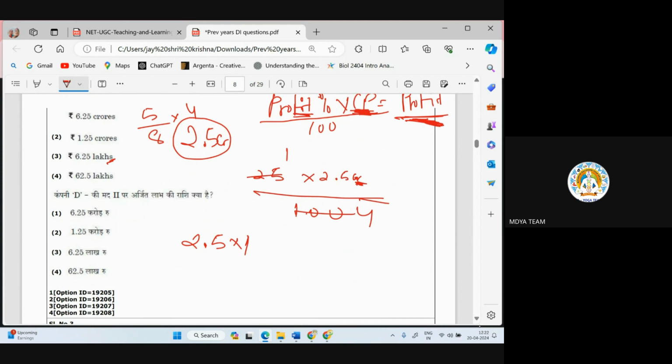So how many zeros are there in 1 crore? 7. So it is 2.5 into 1 followed by 7 zeros, divided by 4. If you solve this, you can get your answer.